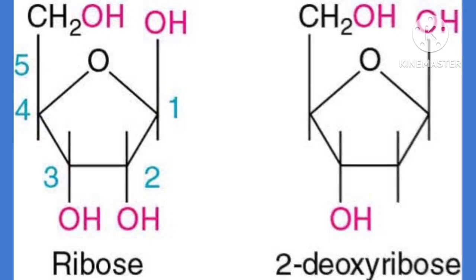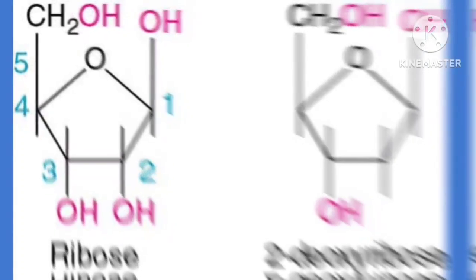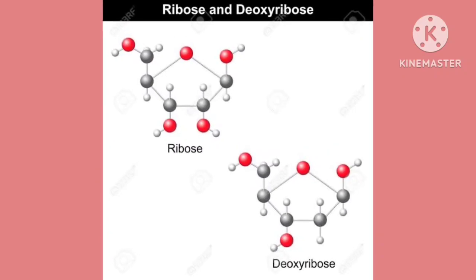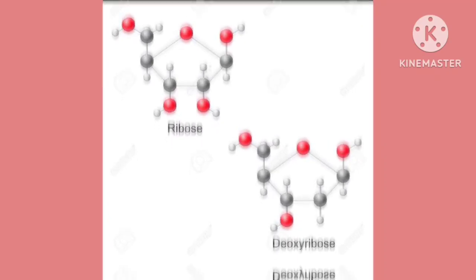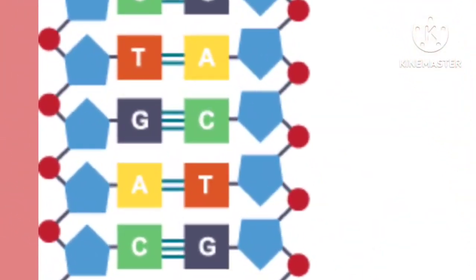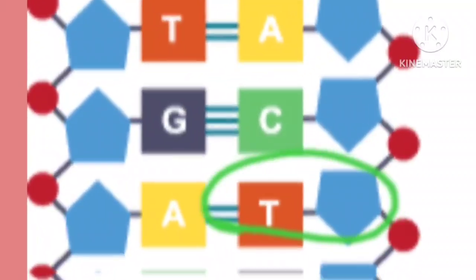Now students, try to find out the difference between them. Yes, the missing OH on the second carbon. Ribose is present in RNA, while DNA contains the deoxyribose pentose sugar. So these nucleotides form the strands of DNA.